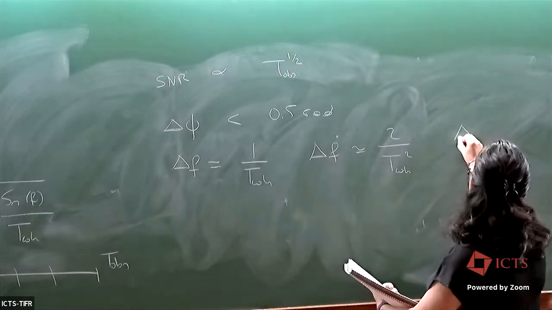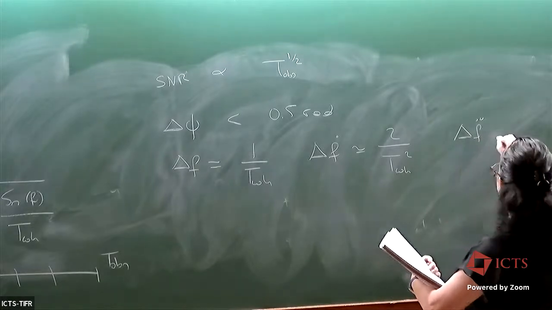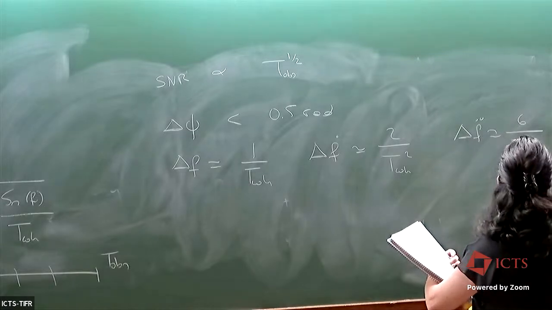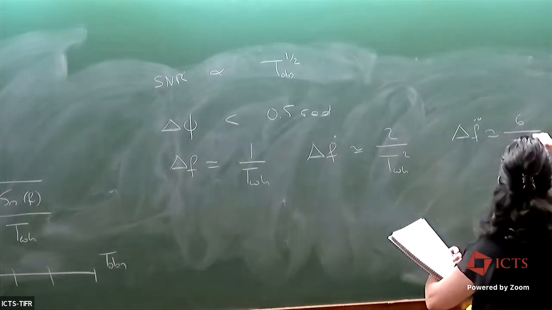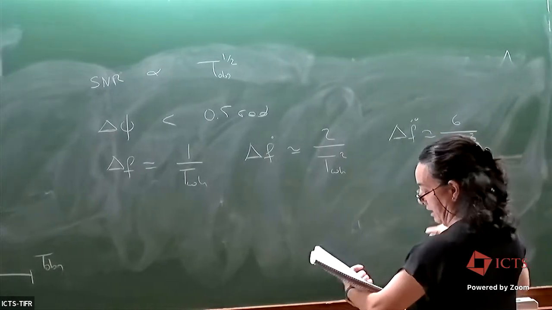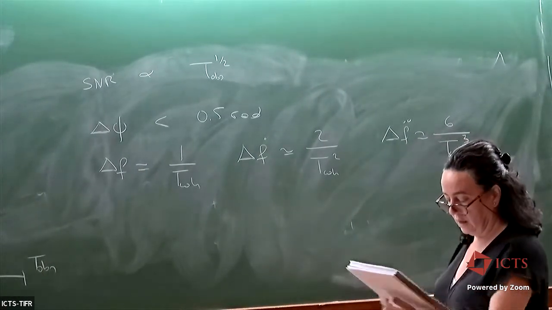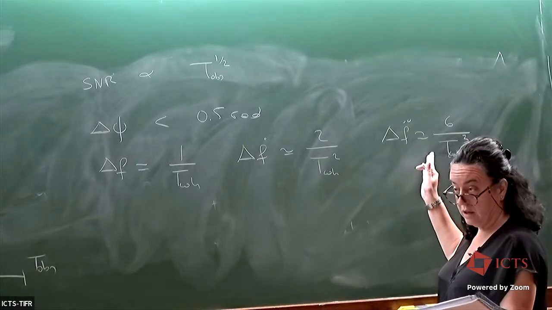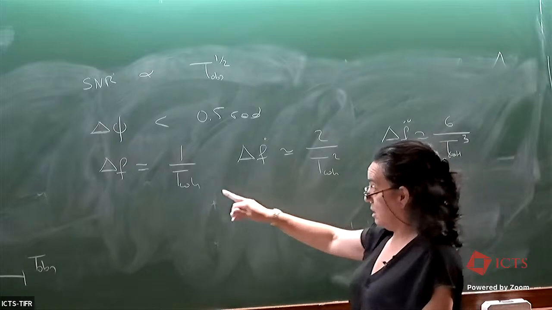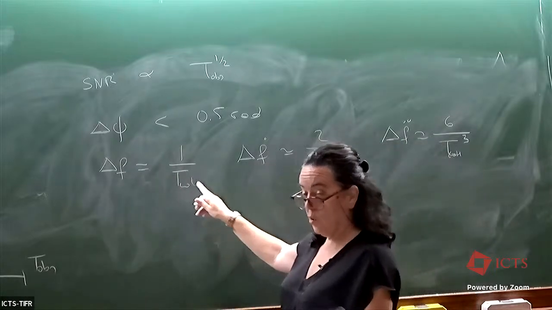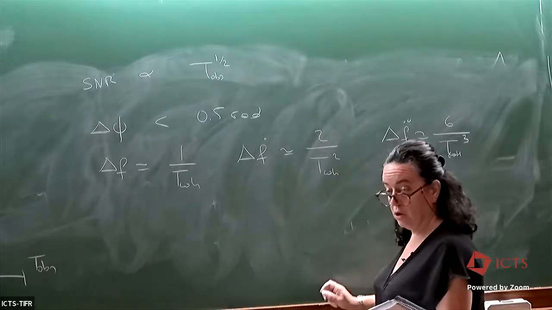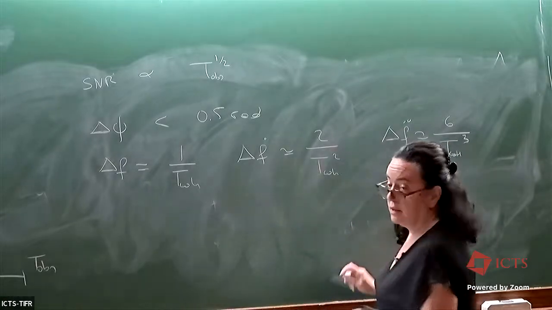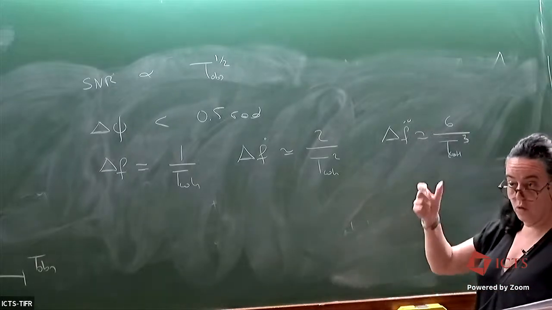The grid in the second derivative will be like 6 T coherent to the cube, etc. So, as you can see, it depends on how many derivatives you have to include, how fine this grid will have to be to cover a certain range.